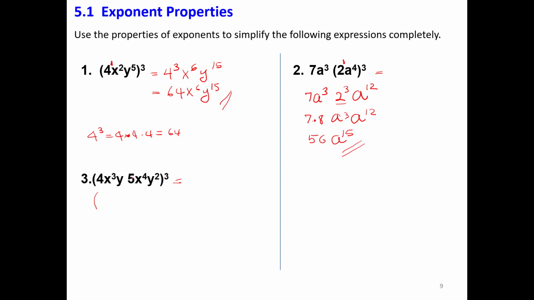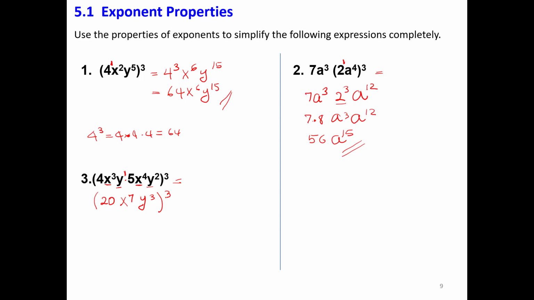Then we can multiply the numbers. 4 times 5 is 20. x. Now, because we have the product and we have x, the same base, we can add the powers. 3 plus 4 is 7. We had y, the same base, and we know here is 1. Yes, then 1 plus 2 is 3. And we need to raise to the third power.